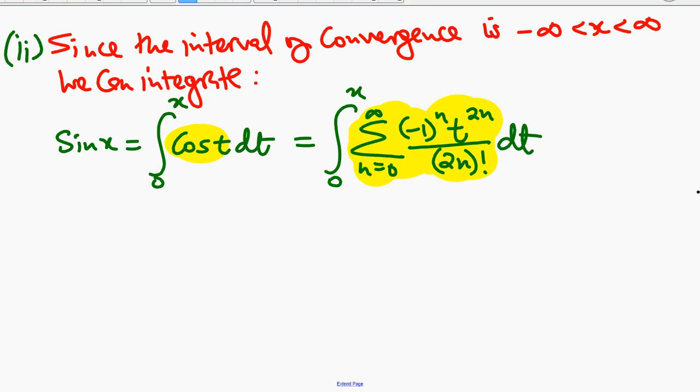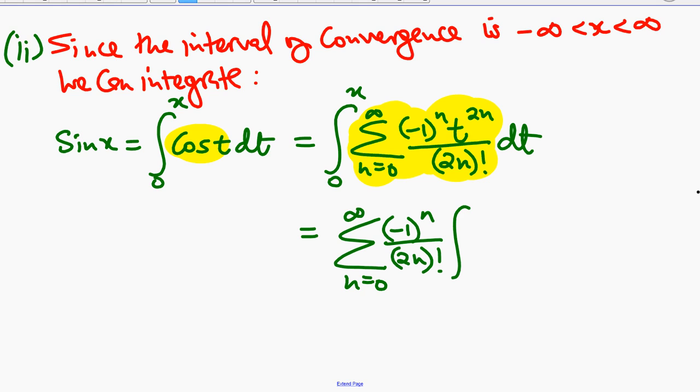Anyway, I'm going to carry on. So we need to integrate this. We can move the integral sign inside the summation sign and factor out the constants. So negative 1 to the power n over 2n factorial, and then we have our integral from 0 to x of t to the power 2n dt.